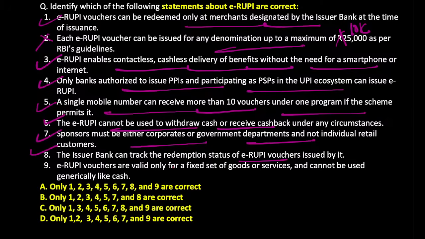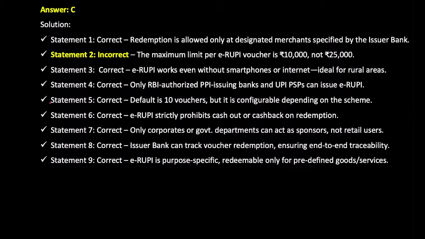E-rupee vouchers are valid only for a fixed set of goods or services, cannot be used generically like cash. The only wrong statement is 2. So what fits best in this case? Option C will be the right answer for this particular one.